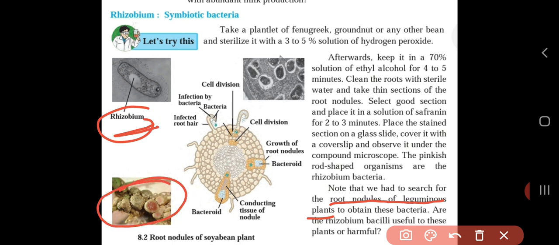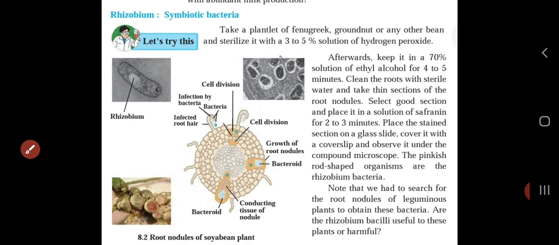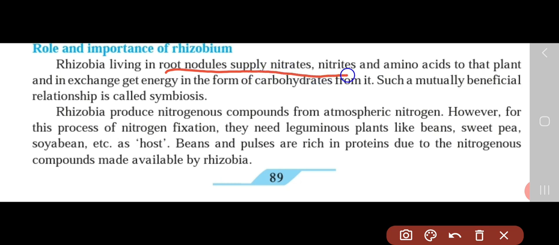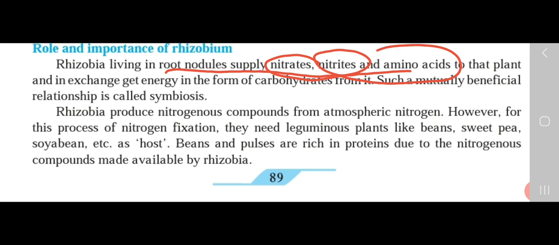Now here the important thing is the role and importance of rhizobium. What rhizobium does over there: rhizobium living in root nodules supply nitrates, nitrites and amino acids to the plant. Now how do they do so? Rhizobium has the ability to fix nitrogen from the atmosphere, and they convert that nitrogen into nitrates, nitrites and amino acids.